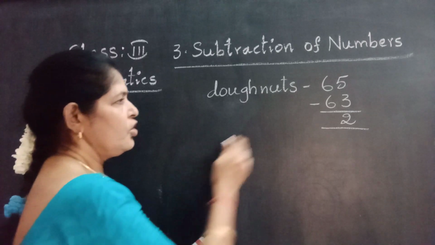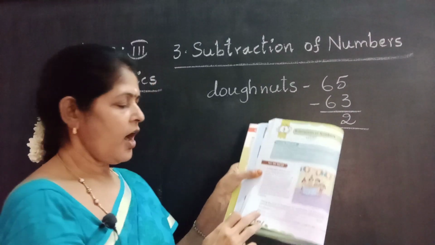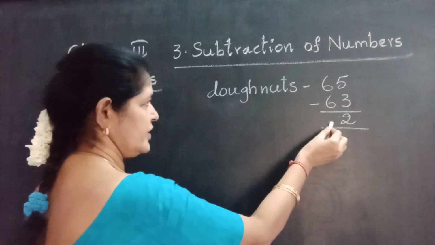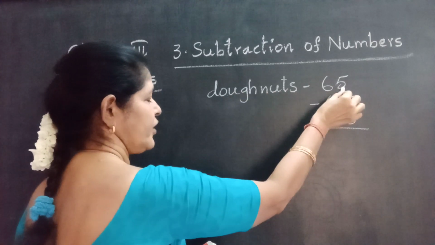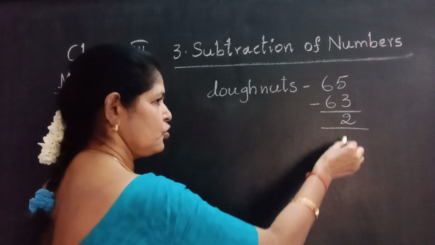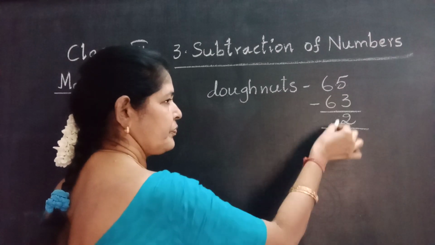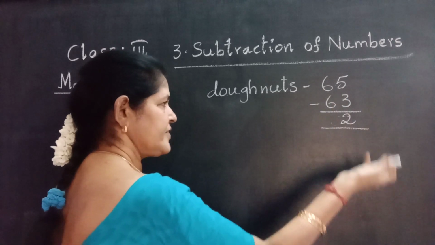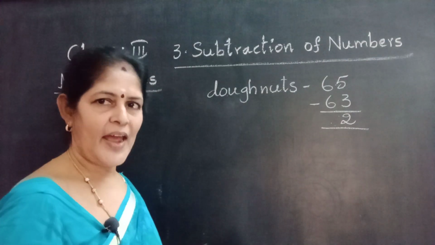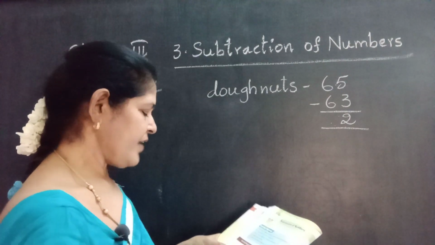You have to write only the answer in the textbook. How to do it, you have to observe this. She ordered 65 donuts, 63 are eaten, left donuts are 2. We get the number by taking away 63 from 65. That is called subtraction.